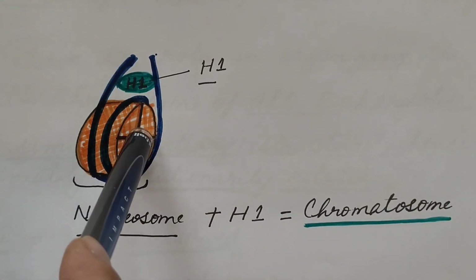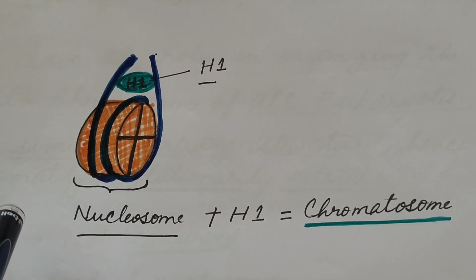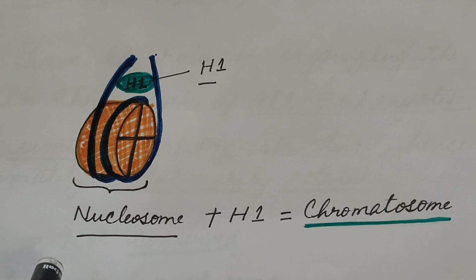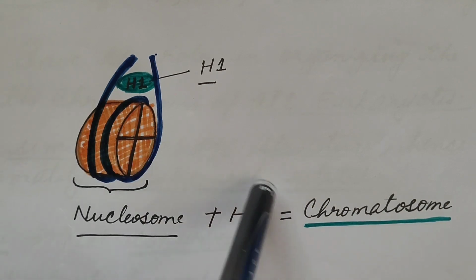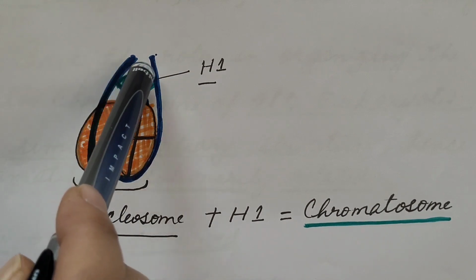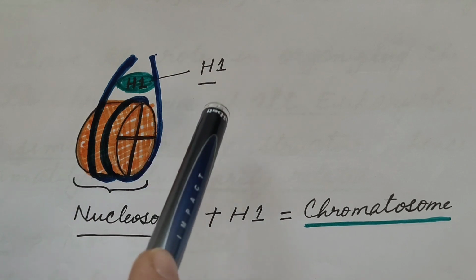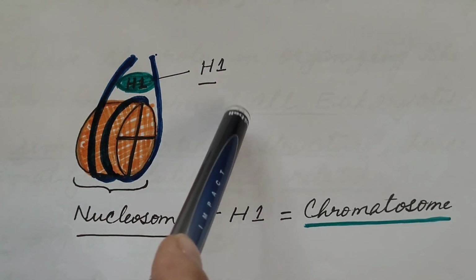So, the nucleosome is the octamer of four histone proteins H2A, H2B, H3 and H4. Hence, this H1 histone is not part of the nucleosome. It binds to the linker DNA, hence it is known as linker histone.